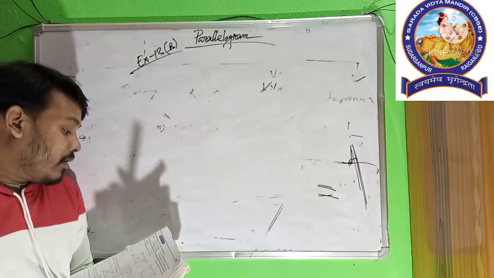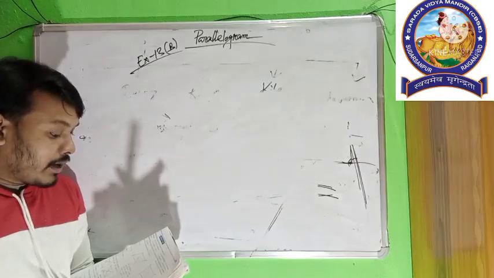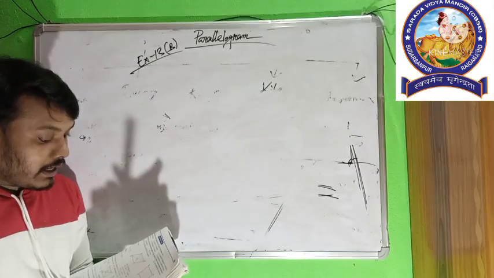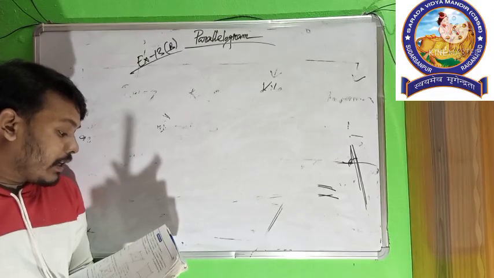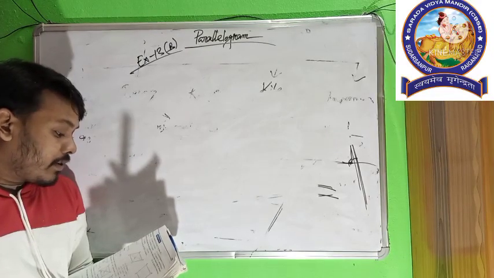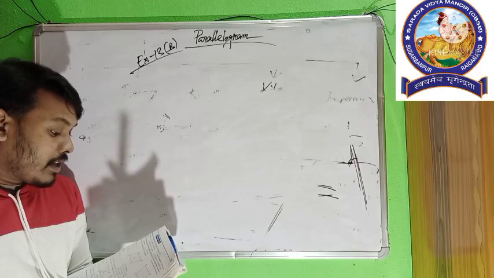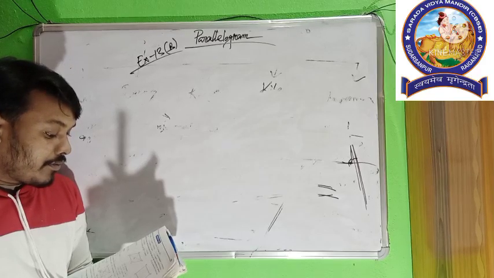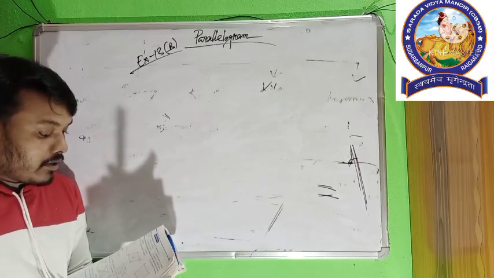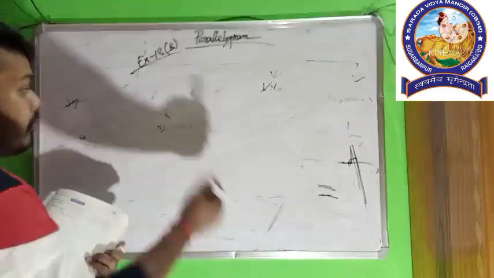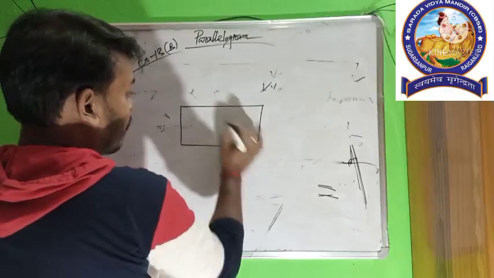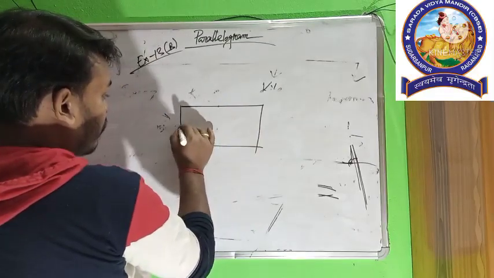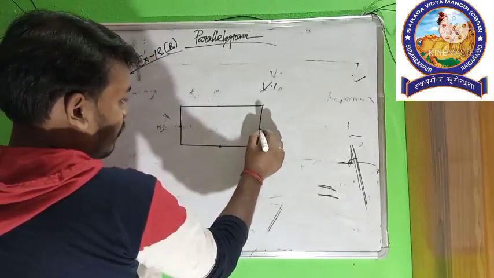What kind of quadrilateral is formed when the midpoints of the sides are joined? A rectangle. Okay. So in the rectangle, this one, this one, this one, this one are the midpoints.